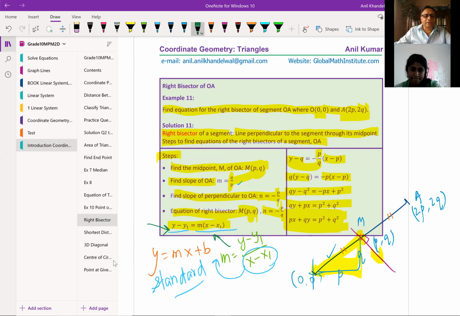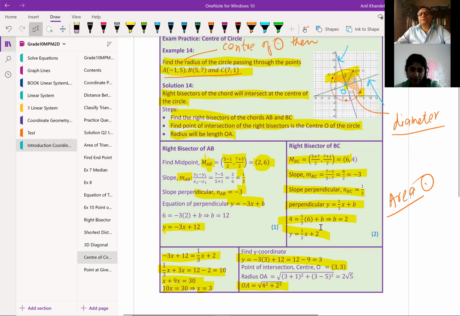So let's look into that, circle through 3 points. Can you tell me about this particular slide? Yes. So when we had the 3 points, the first step was to find the center of the circle.